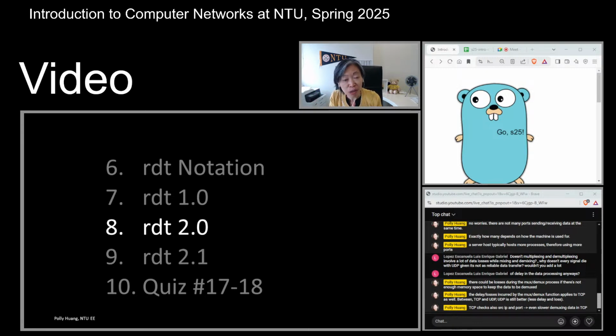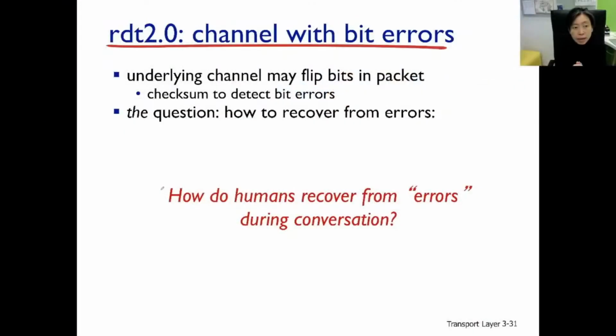Now let's move on to a real RDT where there are errors. And this time we assume just the simple form of error, having some bit errors. So that makes RDT version 2.0, handling bit errors. And here's the idea. This is when the channel is no longer perfect, but it's not so bad either.